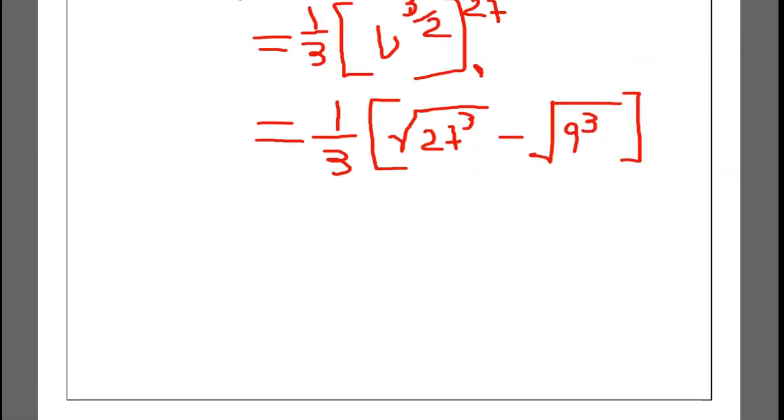So let's finish this question now. It's going to be 1 over 3 times 27 cubed square rooted. So put all this in your calculator.